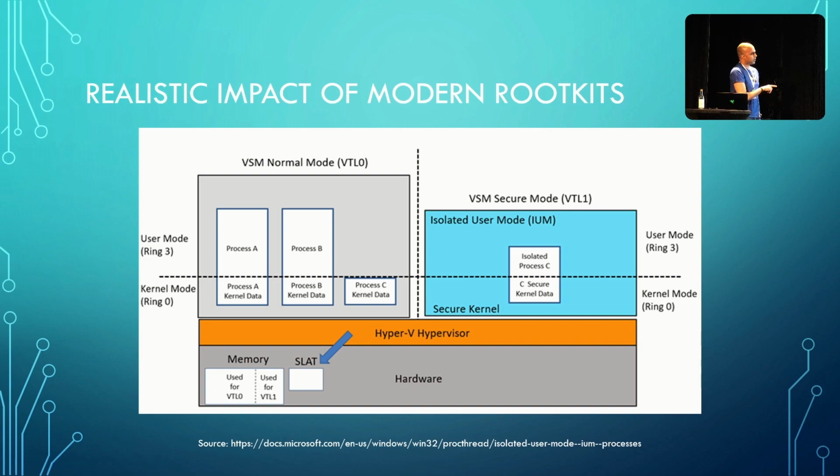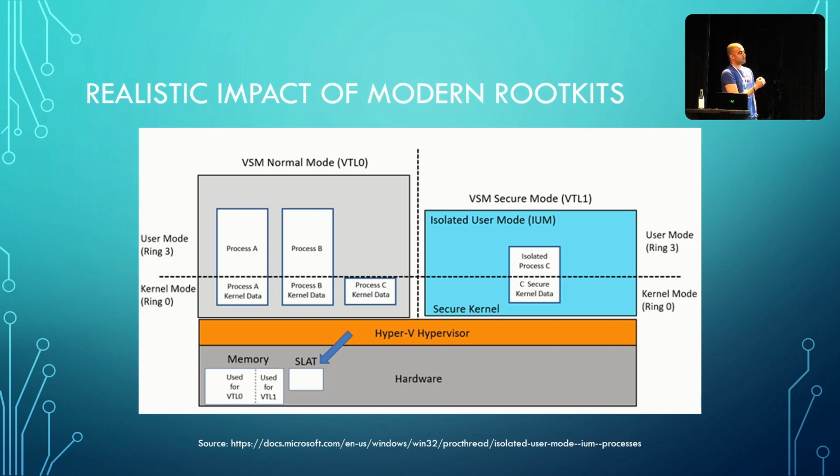But just a quick note on the hypervisor. The hypervisor implements virtual secure mode using SLAT, that's second level address translation. So usually you'll have address translation from virtual address to physical address. That's in the context of the operating system. That's that gray box.